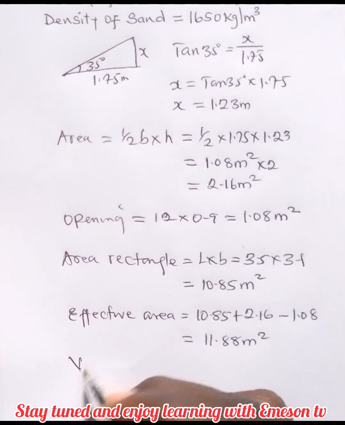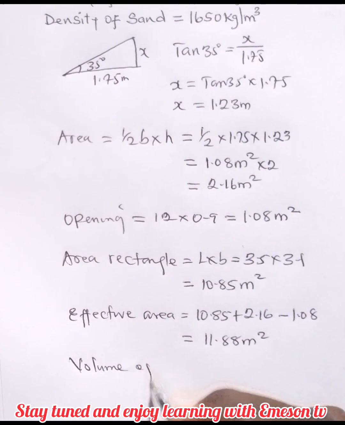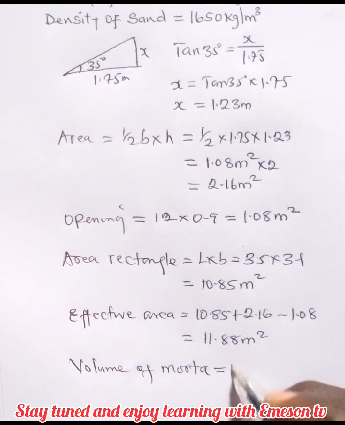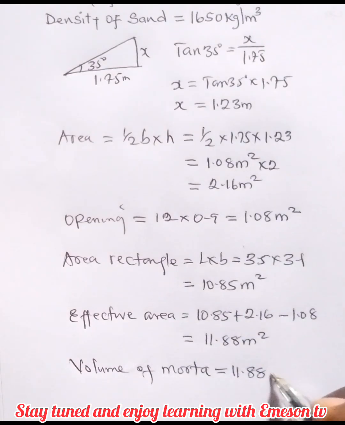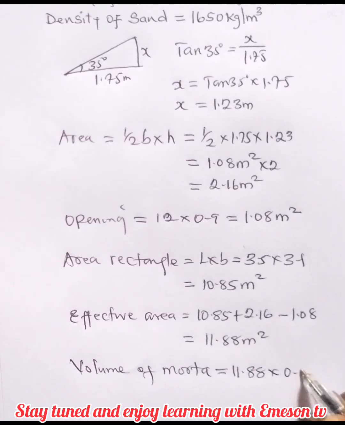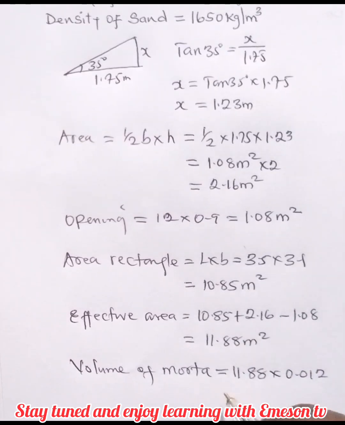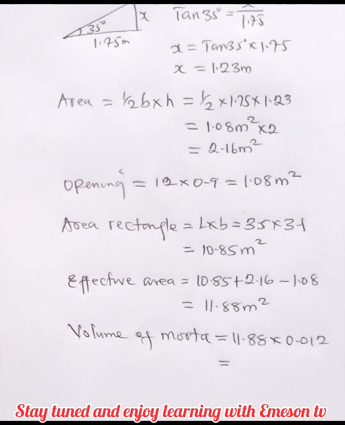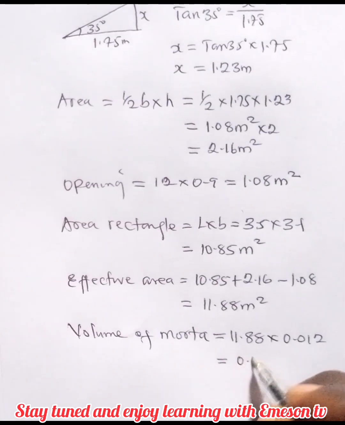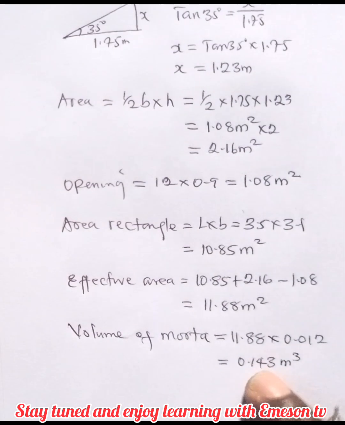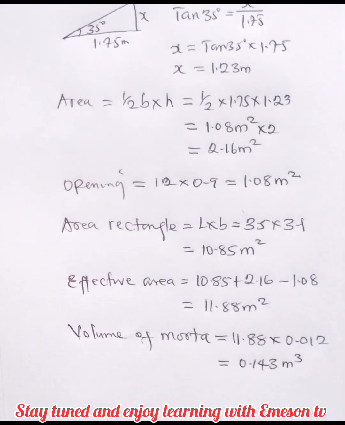So the volume of mortar becomes this 11.88 multiplied by the thickness of mortar, which is 12 mm, which is 0.012. If you have done this, this has given us 0.143 meter cube. This becomes the volume of mortar, but this is wet volume. So let's have the dry volume of it.